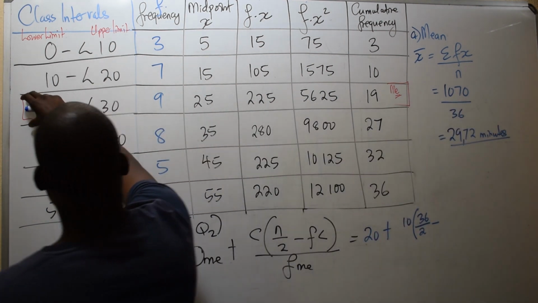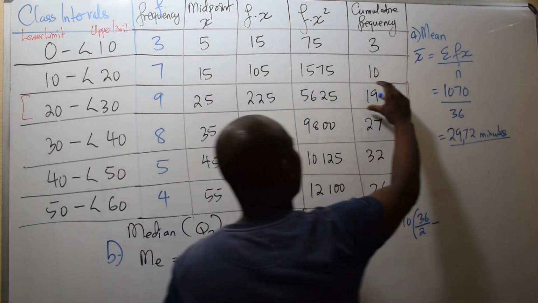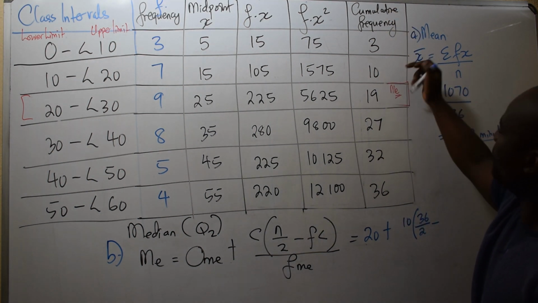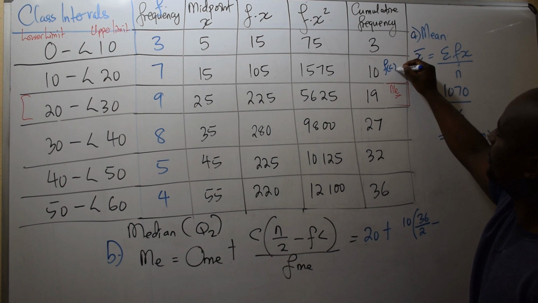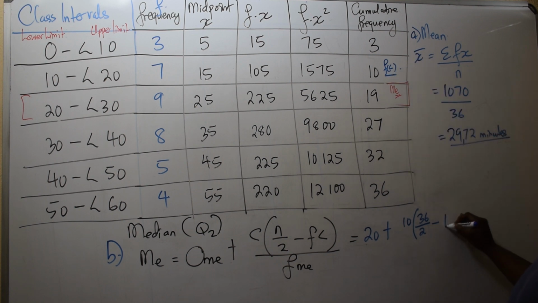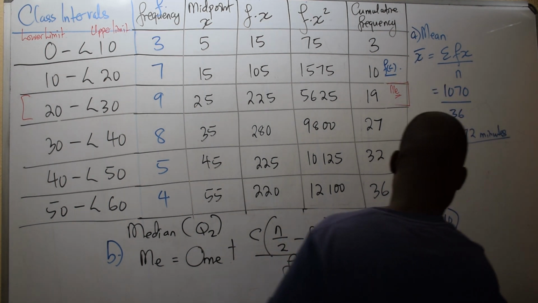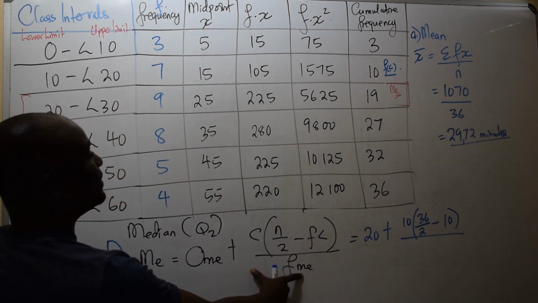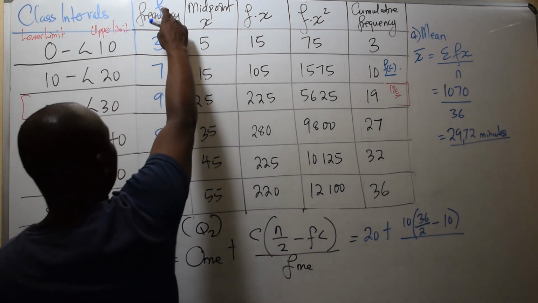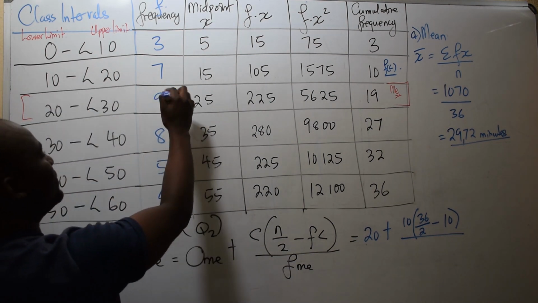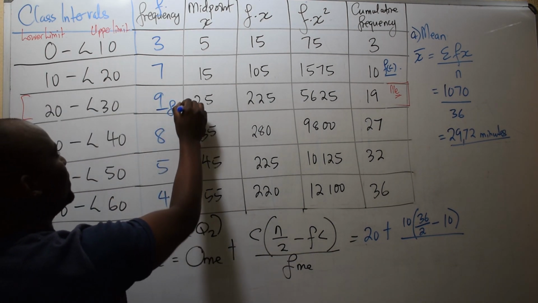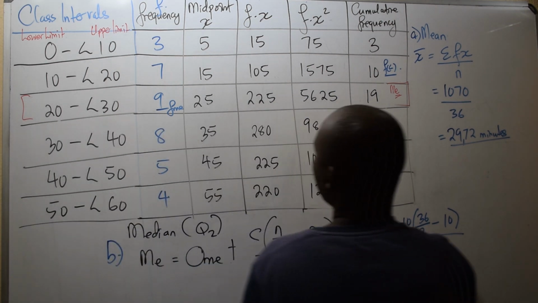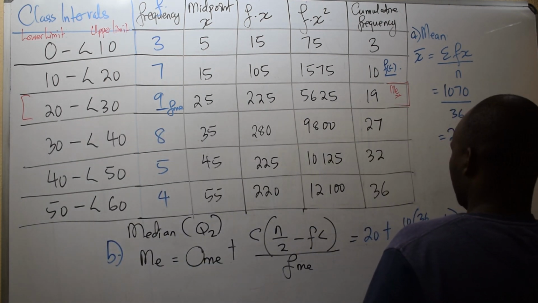We picked this interval, and we need the cumulative frequency of the one that is before, which is this one. So we take away 10, and we divide by the frequency of the median interval, FME, which is 9.